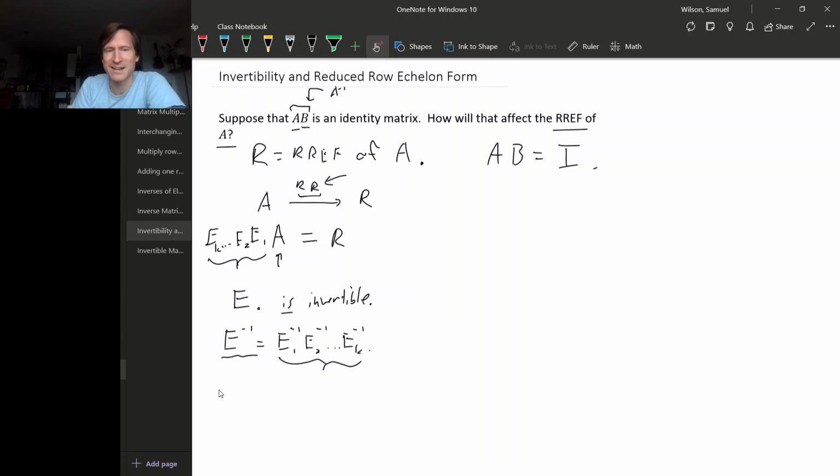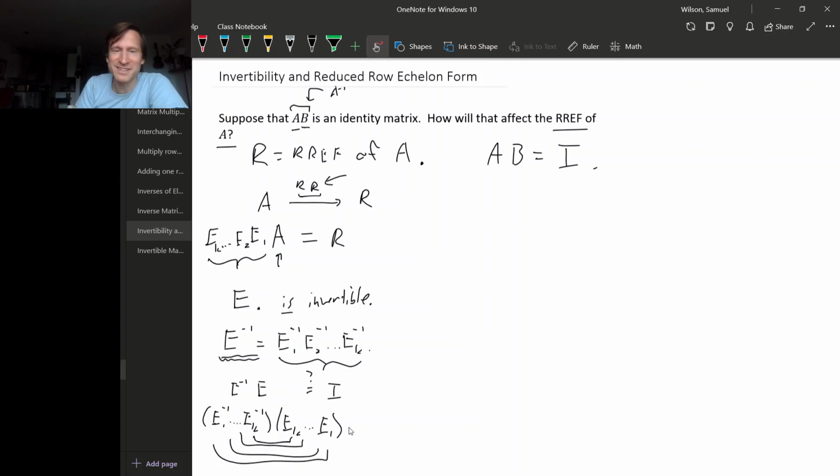But we can just check that. If you start with E inverse and multiply by E, do you get an identity matrix of appropriate size? Well, the formula I've written for E inverse is E sub 1 inverse out to E sub k inverse, and E itself is E sub k out to E sub 1. You can see that these are going to cancel and give you the identity, then the next pair is going to multiply to give you the identity, and so on, until all of these have multiplied to give you the identity, and you're just left with the identity.